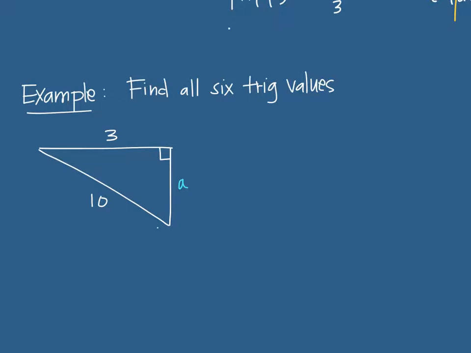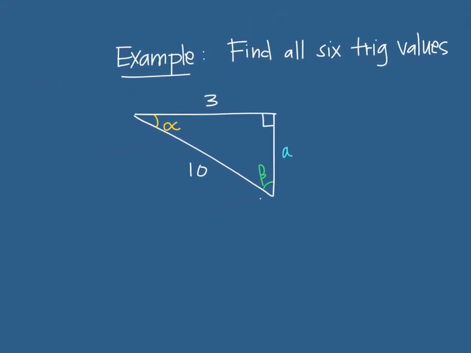And then alpha would be in this other corner over here. Before I find all 6 trig values, I have to know what A is. I can't do the 6 trig values if I haven't figured out the value of A.